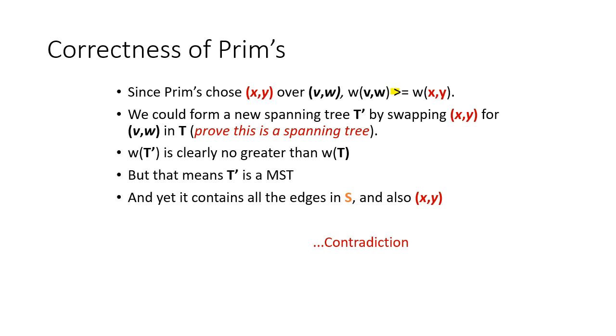But the weight of T prime is clearly no greater than the weight of T. But this means that T prime is indeed an MST, yet it contains all the edges in S, which also include X and Y. This is a contradiction. This is a contradiction, and therefore it's not what we should have expected from the algorithm.